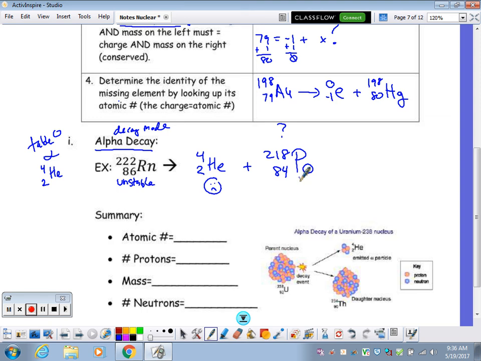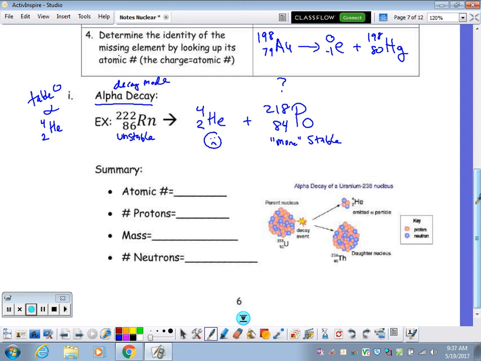Polonium 84 compared to Rn is, I'm going to say, more stable. It doesn't have the perfect 1-to-1 ratio of protons to neutrons, but its ratio of protons to neutrons is closer than radon's. The summary of an alpha decay, you should notice these things.